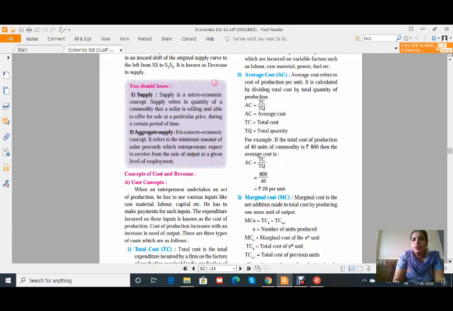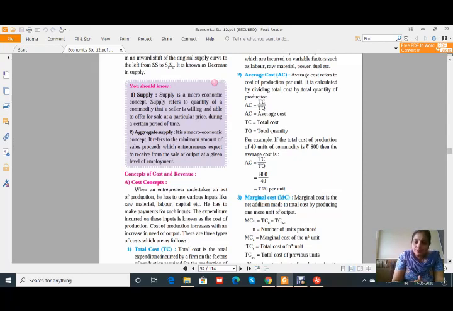That means we divide total cost by total quantity, so we will get the average cost per unit. Average cost is always calculated per unit. Total cost is 800 rupees and 40 units of commodity have been produced. Therefore, it is 800 divided by 40, that will give us rupees 20 per unit.